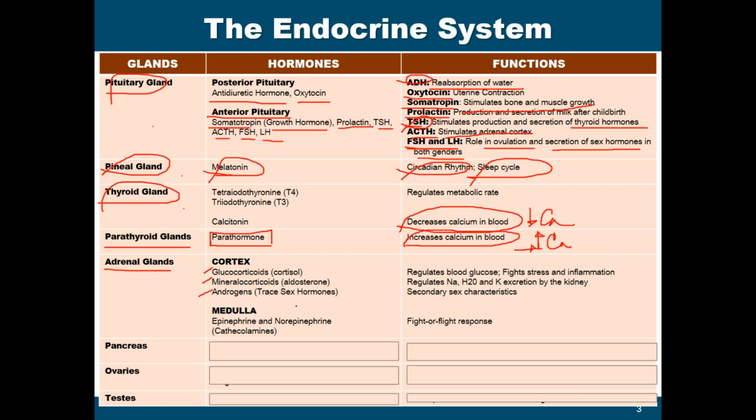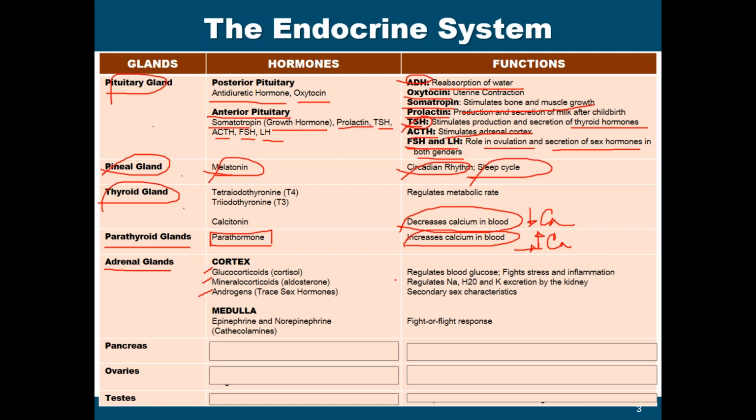Your glucocorticoids, or otherwise the most popular glucocorticoid, is your cortisol, the function of which is to regulate the blood glucose, and fight stress and inflammation. So it's really very important to understand the role of cortisol in the body, because a patient who doesn't have enough cortisol will be unable to fight stress and will be unable to fight inflammation. And at the same time, a lack of glucocorticoid can also result in hypoglycemia.